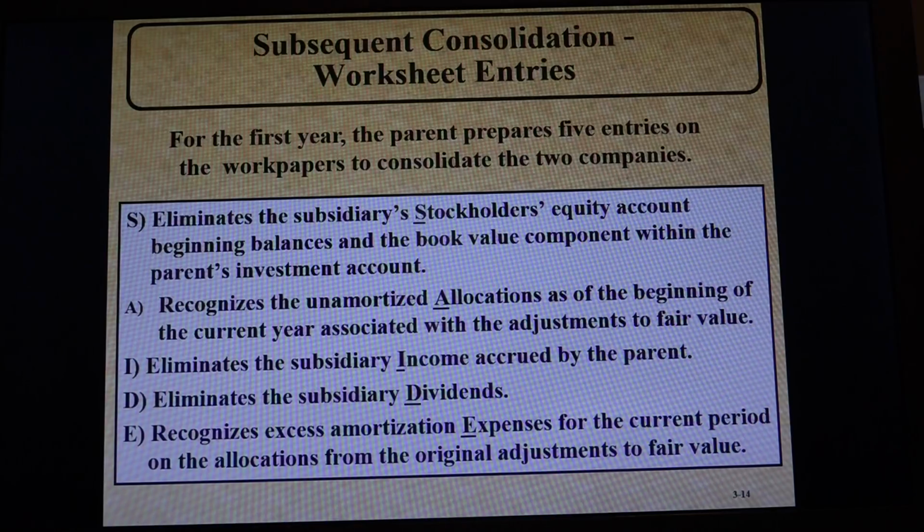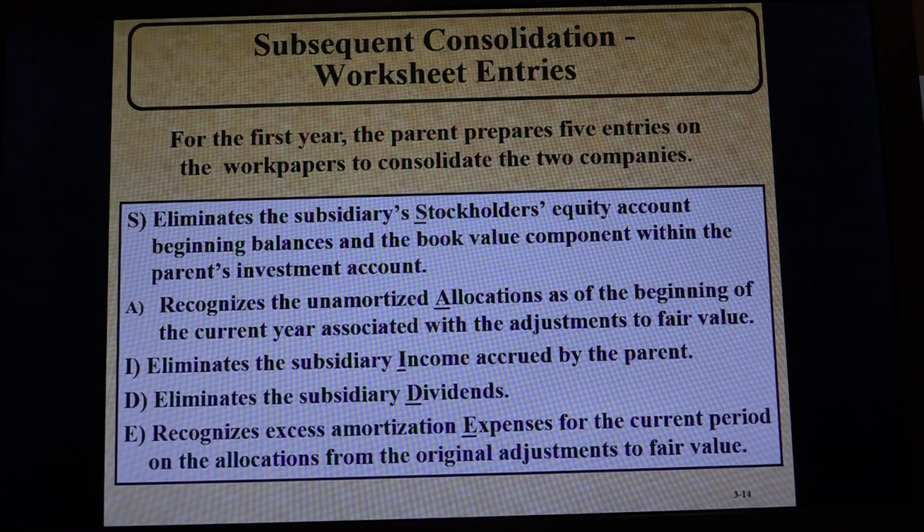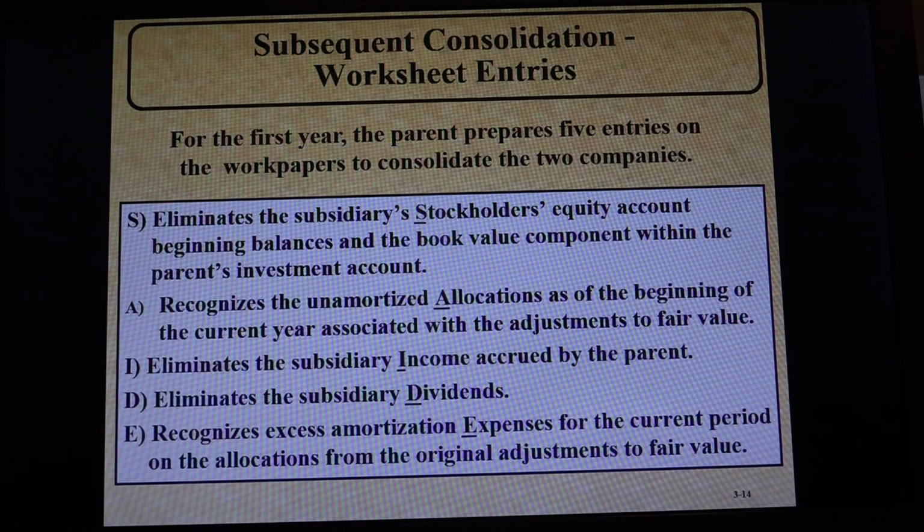All right, so the next entry, the I, eliminates the subsidiary income accrued by the parent. Well, that was essentially $100,000, but if you recall, there's excess amortization here of 7 that reduced income, so the net effect is $93,000.